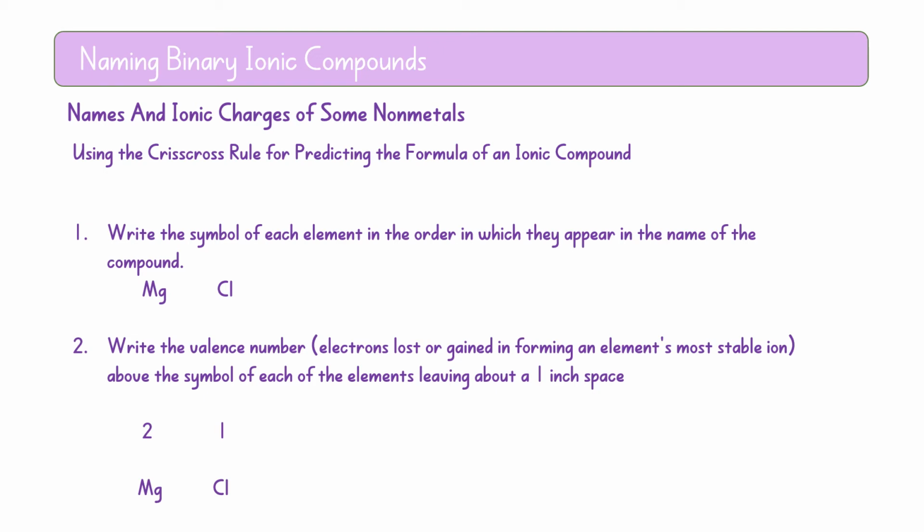Number 2, write the valence number, electrons lost or gained in forming an element's most stable ion, above the symbol of each element, leaving about a 1-inch space. So above magnesium, we're going to write a 2, and above the chlorine, we're going to write a 1.